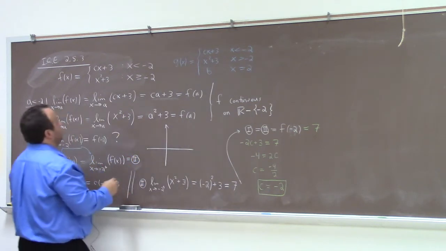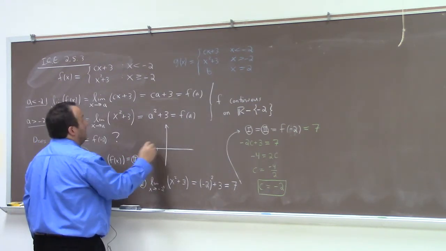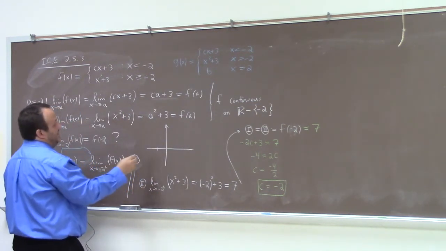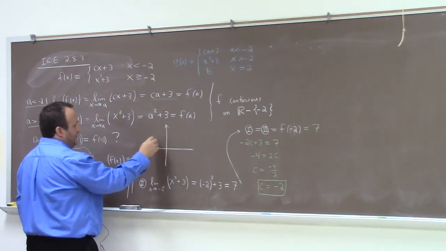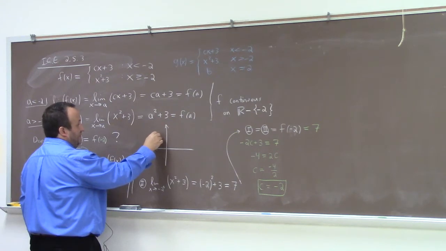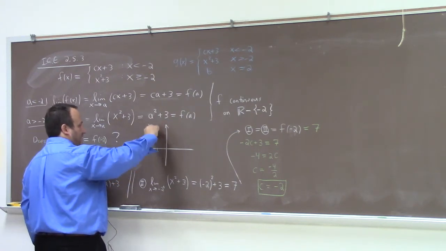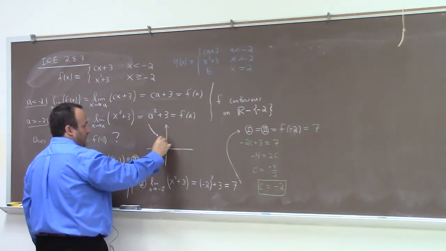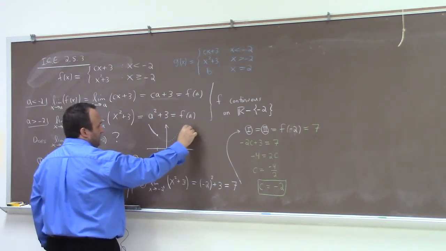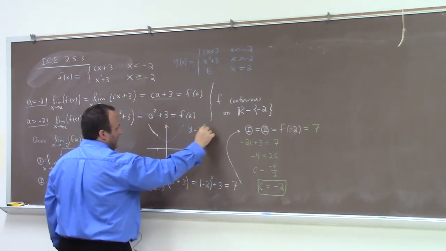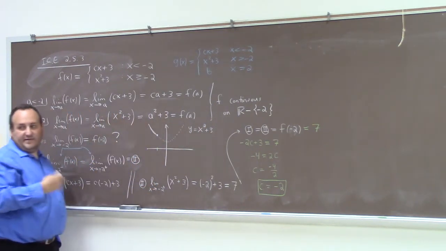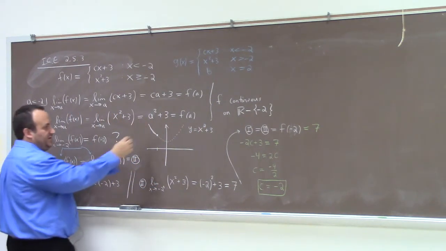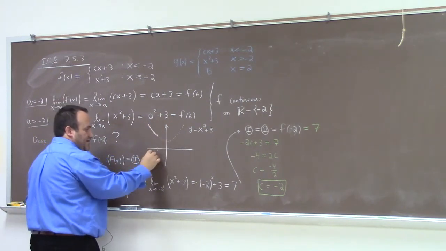All right, so at minus 2, we have a line for x less than minus 2, right? And x squared plus 3 starts at 7, and it goes up like this. So this is y equals x squared plus 3, a parabola which opens up. But this is a case-wise defined function, so we're just taking those values away from minus 2.